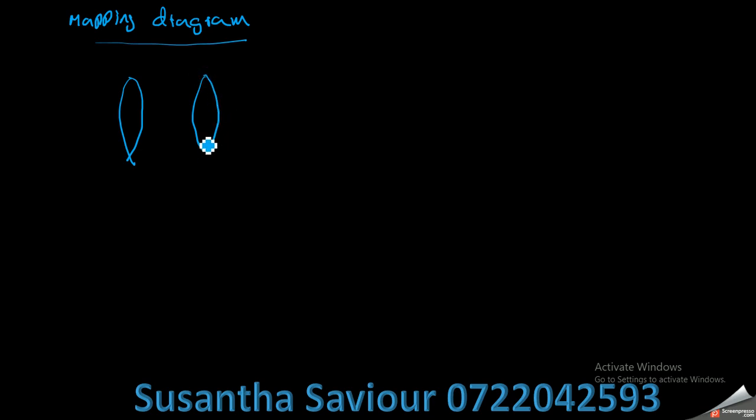And one set is denoted inside this, and the other set is inside this. Then we can connect them with arrows like this. This is a mapping diagram. So I will give you some more examples now.